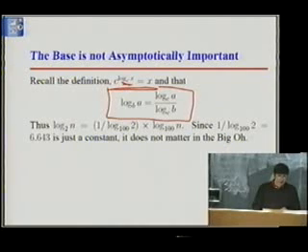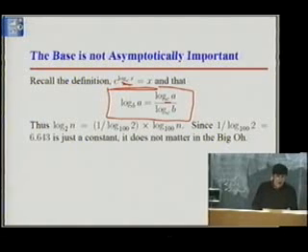But what was this useful for? Suppose I have a log written in base c, base 10, base e, base 2, base 100, and I want to convert it to some other base, 1.7. How would I go about doing it?